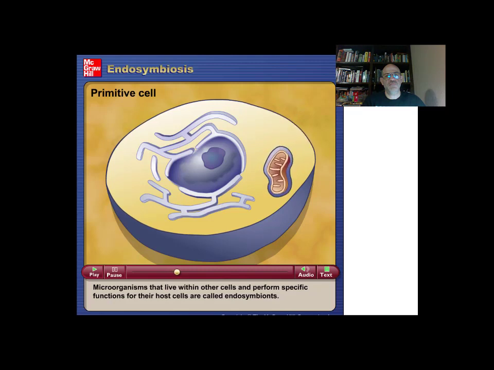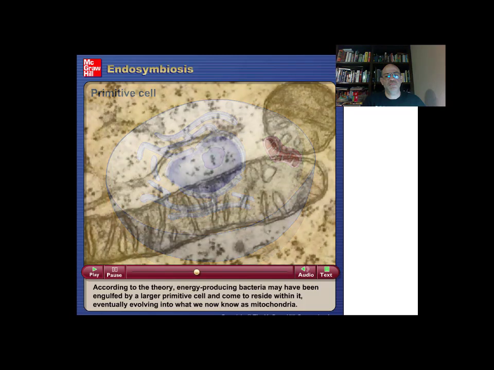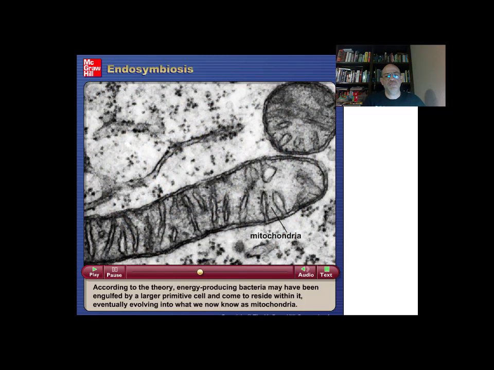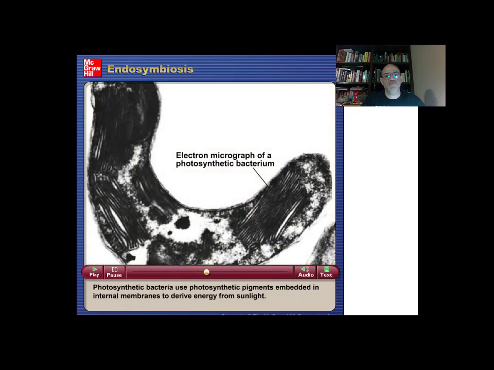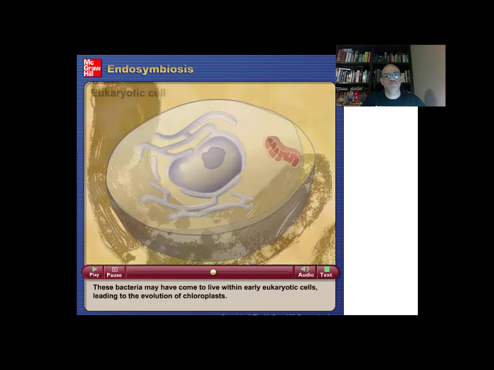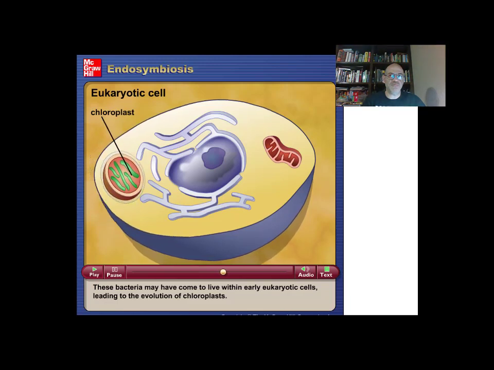Microorganisms that live within other cells and perform specific functions for their host cells are called endosymbionts. According to the theory, energy-producing bacteria may have been engulfed by a larger primitive cell and come to reside within it, eventually evolving into what we now know as mitochondria. Photosynthetic bacteria use photosynthetic pigments embedded in internal membranes to derive energy from sunlight. These bacteria may have come to live within early eukaryotic cells, leading to the evolution of chloroplasts.